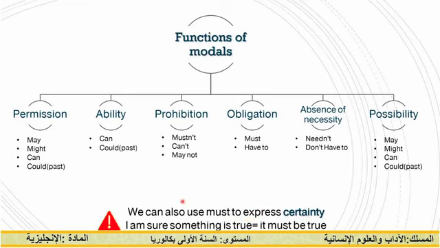For example, here we have I am sure something is true, which has the same meaning as it must be true. So must here doesn't mean it has to be true, as if we are forcing it to be true. No, it's just that we are so sure that it is true. Okay, so now we can go to the examples we have.